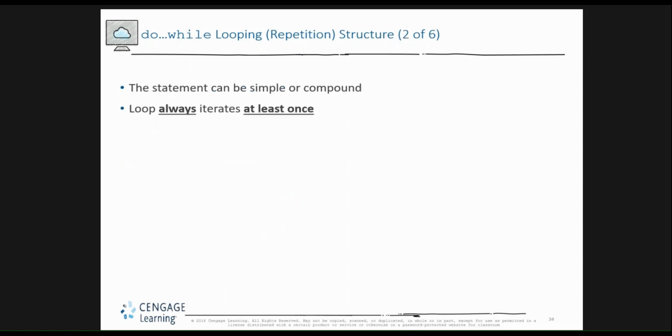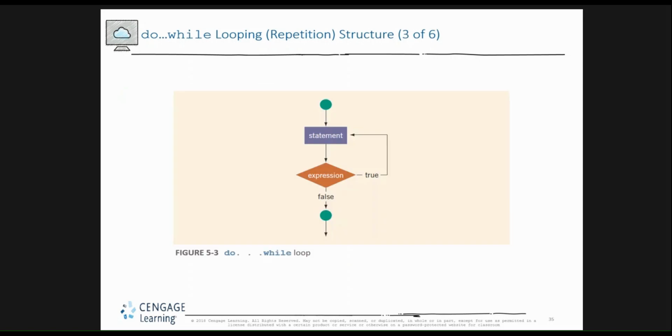There is something a little different about a do-while loop. It will always execute at least once. Why? Well, let's look at the flow of execution on the next slide and see if you can figure it out. All right, so here's the flow of execution. You come in, here's the statement, maybe it's a cout, cin, whatever they are. Then the expression is checked.